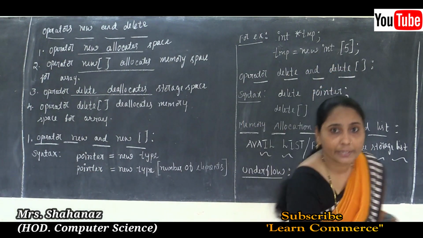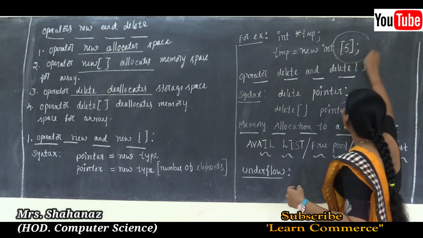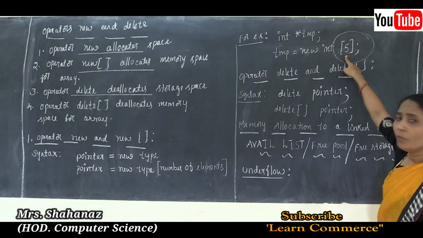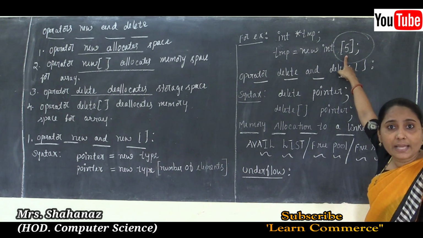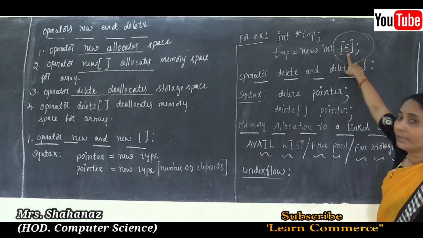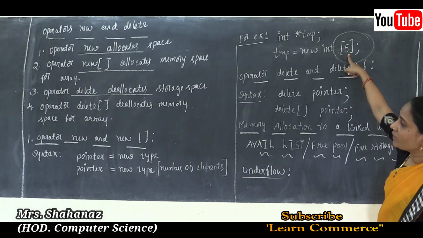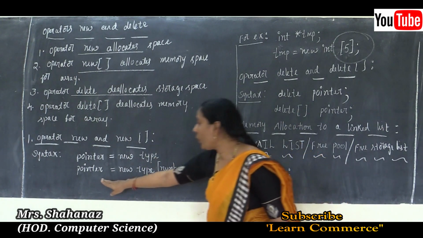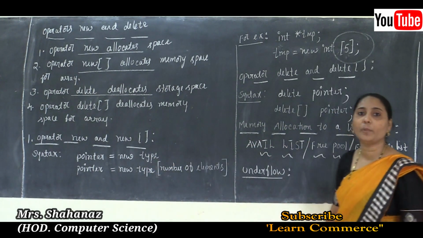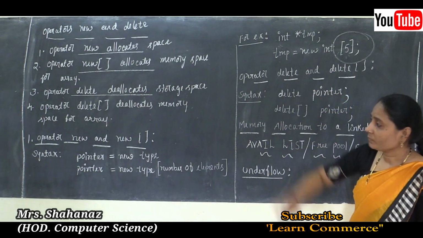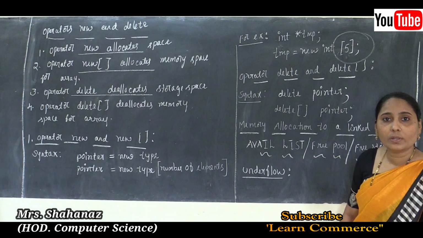Here the number of elements is an integer value. That means we need to write a whole number. So the total number of elements is 5 in this case. So this is the meaning of the syntax, pointer is equal to new type and pointer is equal to new type number of the elements, and this is the suitable example for our operator new and new size.